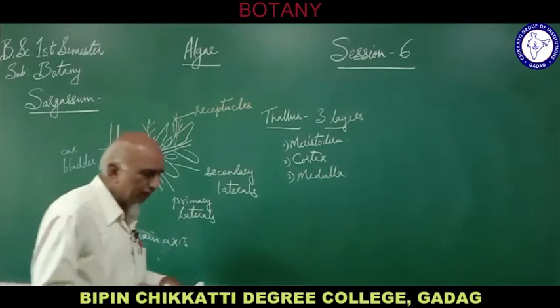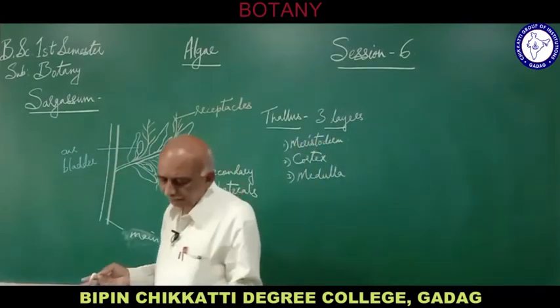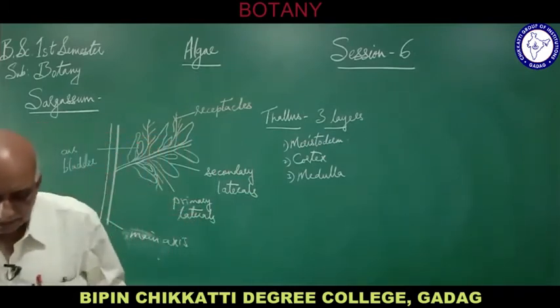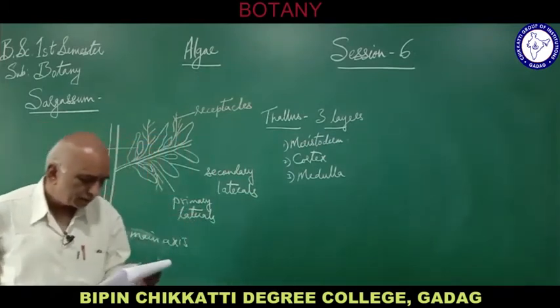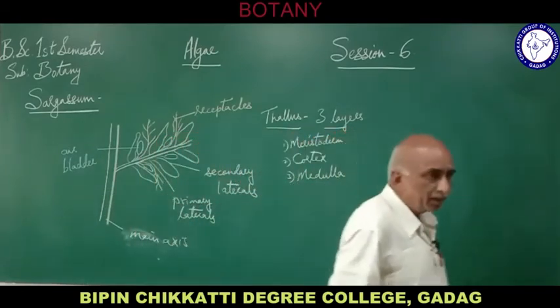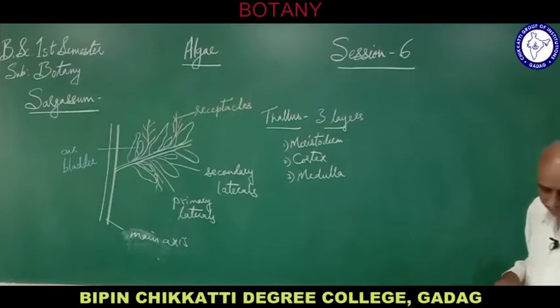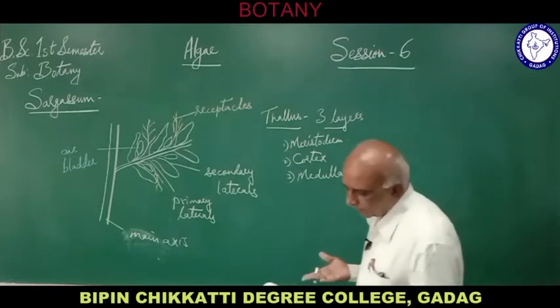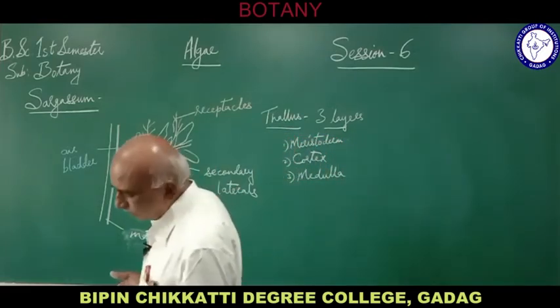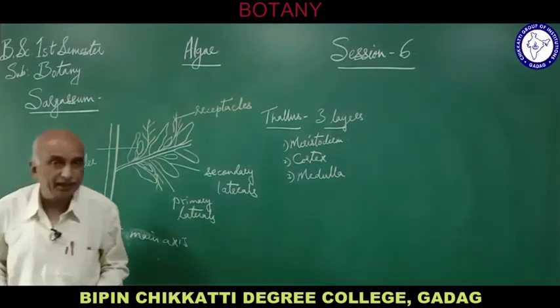So in the thallus we find this meristoderm, which consists of the palisade and the hypodermal layer. So it consists of column shaped cells. Those column shaped cells have abundant chloroplasts, the plastids, which contain the pigments like brown pigment and chlorophyll.